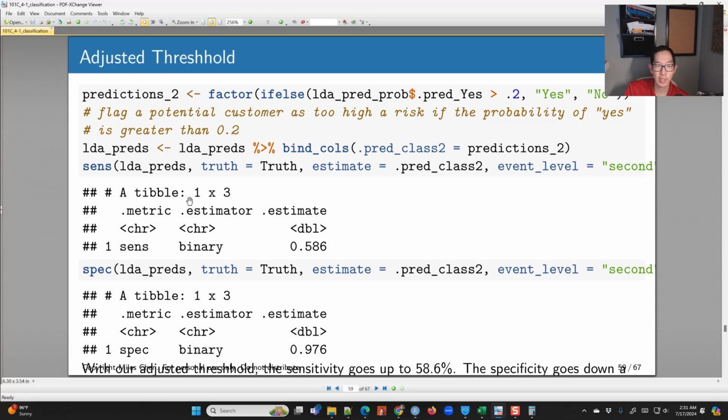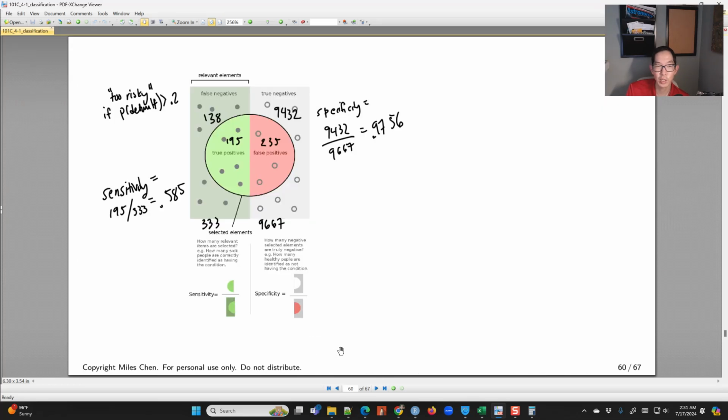Now I can ask, what's my sensitivity if, instead of using the original predicted class, I use my adjusted predicted class? If I do that, my sensitivity goes up to 0.586, but my specificity goes down to 0.976. So now I'm getting more false positives.